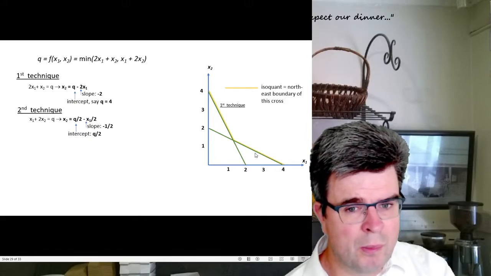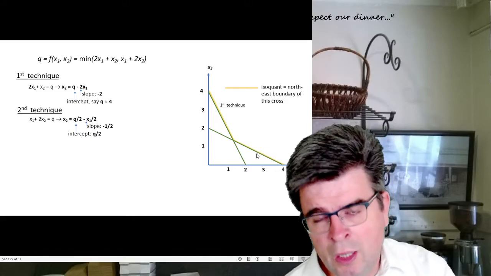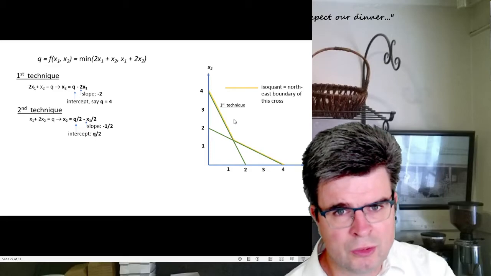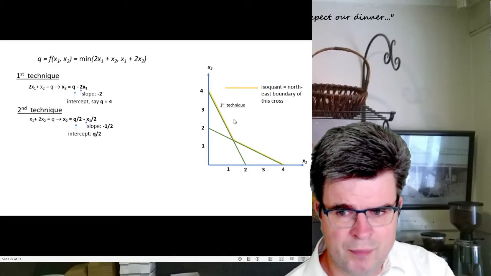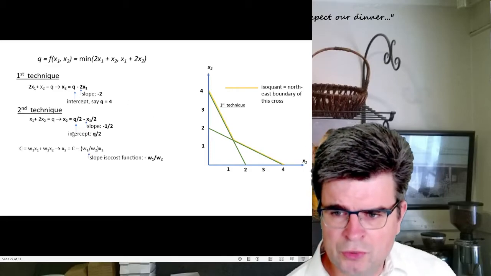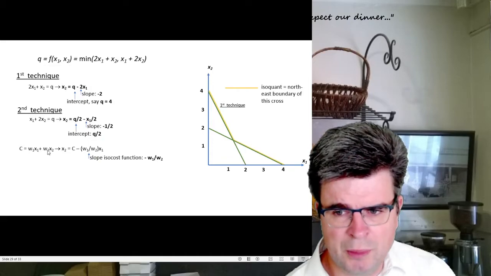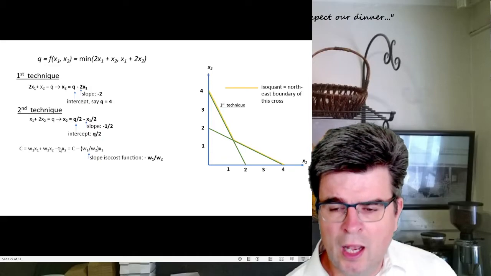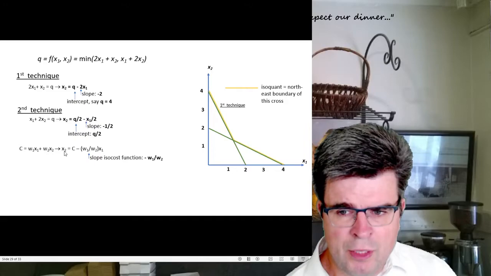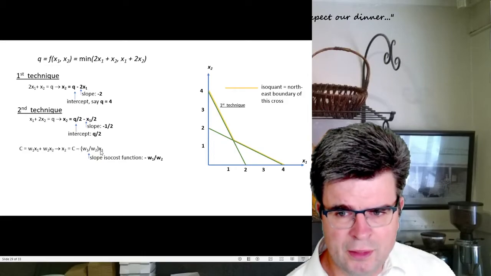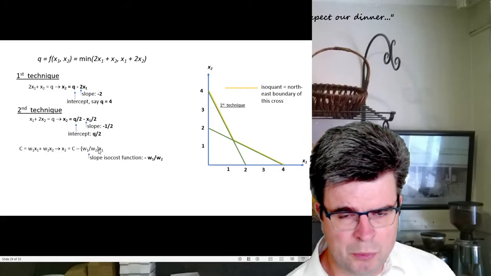Now, what particular combination of x1 and x2 is used, of course, depends on the cost of x1 and x2. So our cost function is equal to the price w1 times the number of units of x1 we use plus w2 times x2. And again, we can rewrite this as x2 as a function of the total cost C minus w1 over w2 times x1.